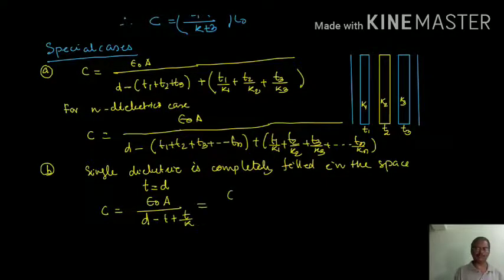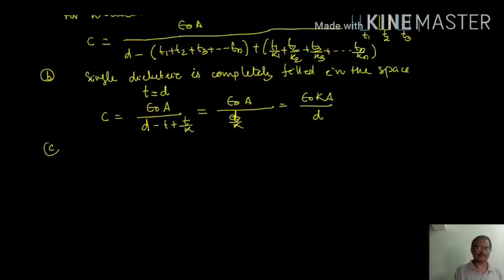This is equal to epsilon 0 A by (t by K), because t equal to d, so these two cancel. And this t is d, so this is epsilon 0 K A by d.